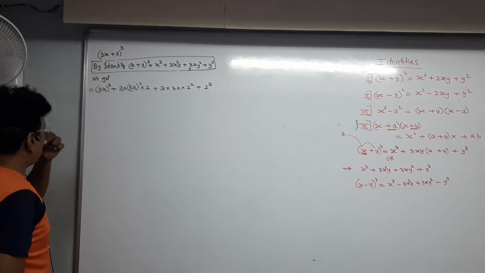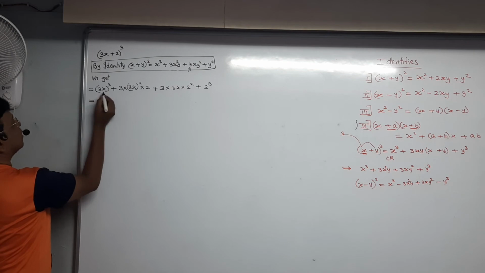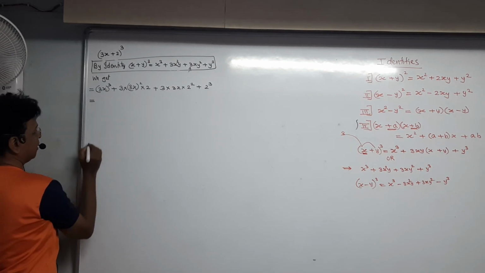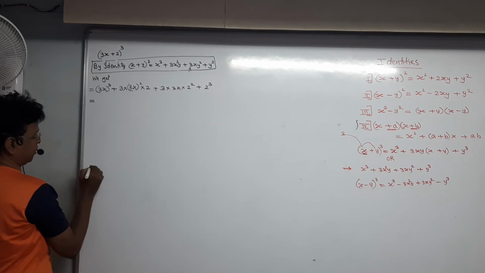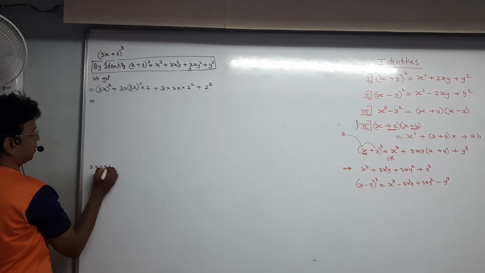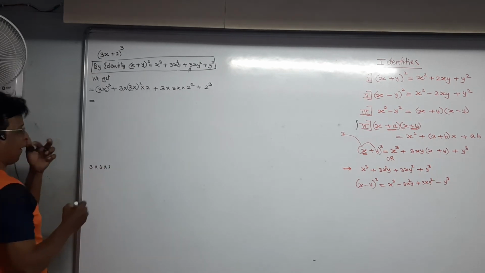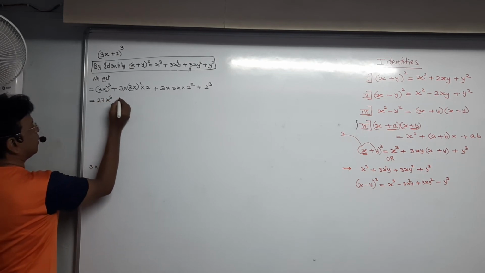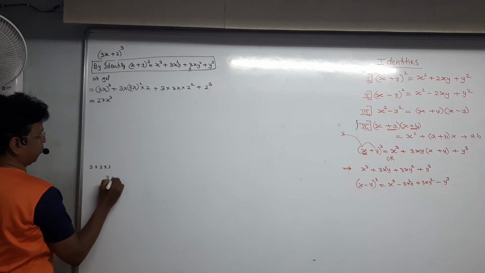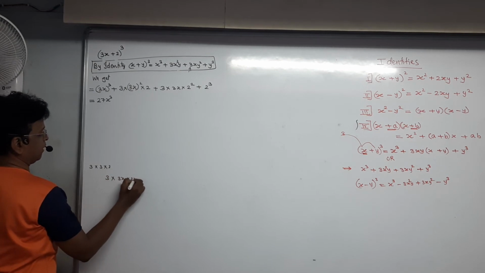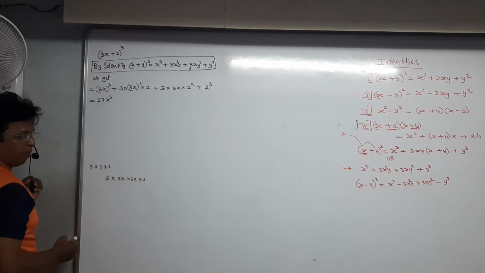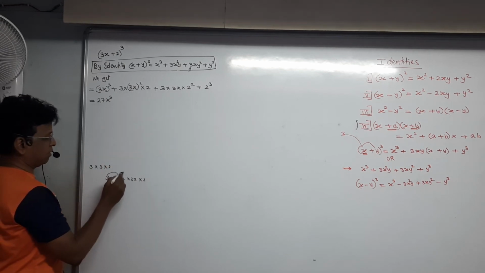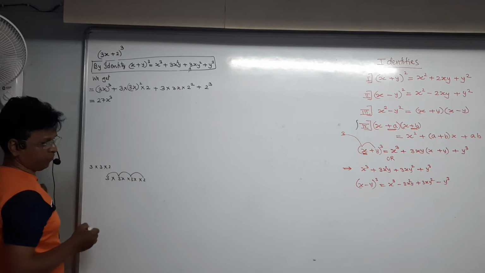Understood? So this will become now 3 cube and x cube. 3 cube will be 3 3s are 9, into 3 is 27. So this will become 27x cube. Now again this will become 3 into 3x into 3x into 2. So 3 3s are 9, 3 9s are 27, 2 27s are 54.